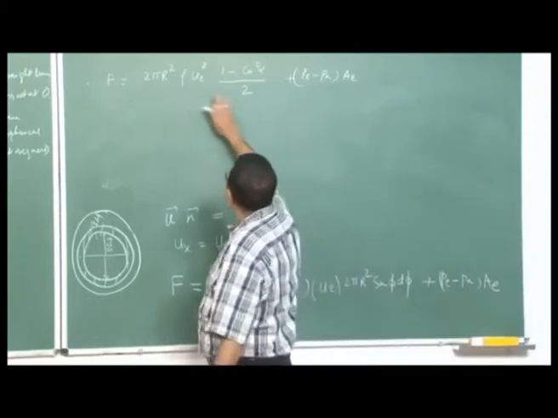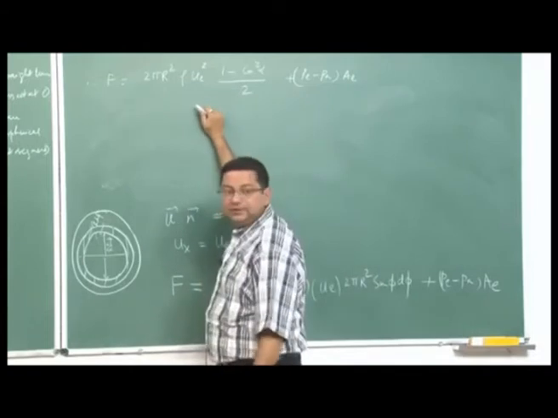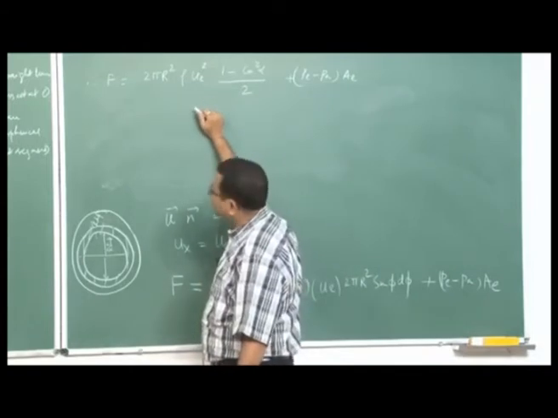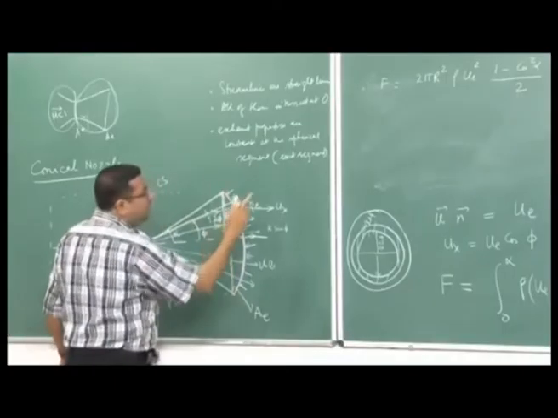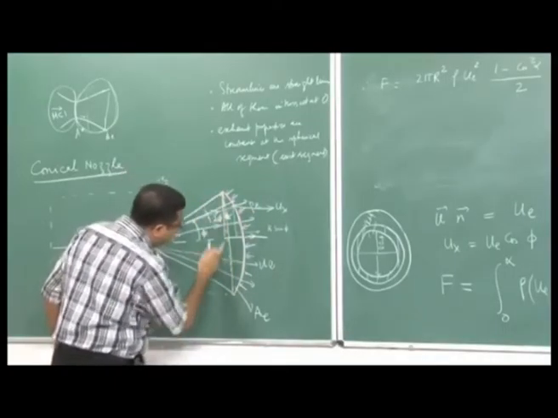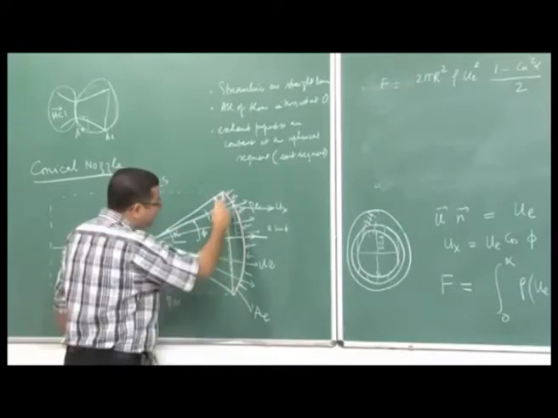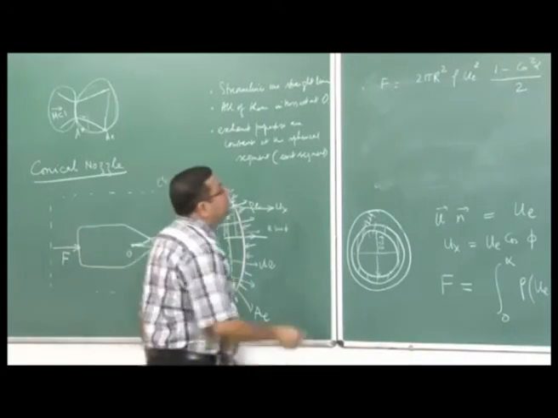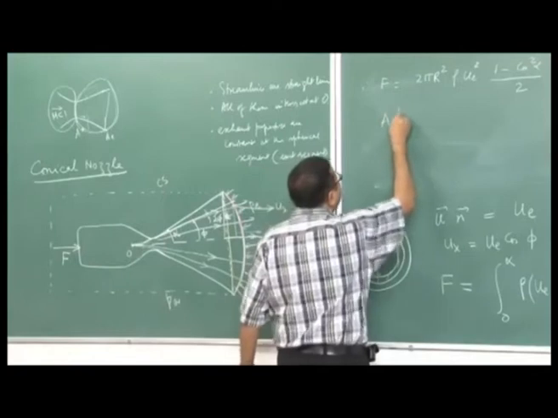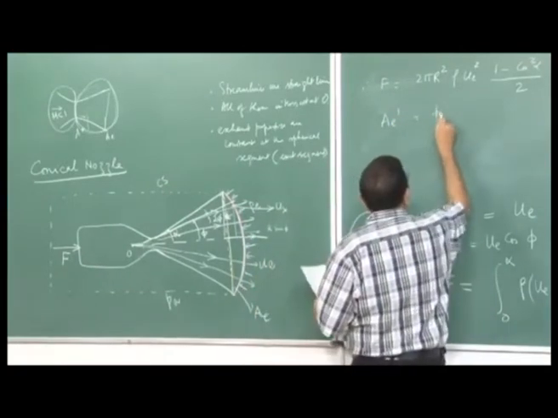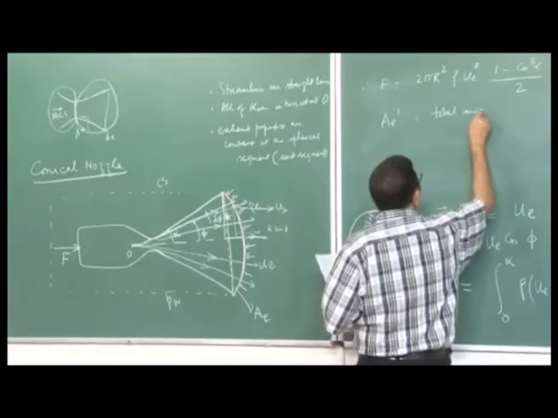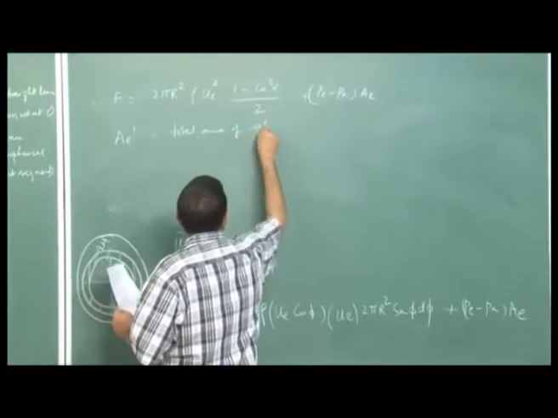Now, this is the expression for the thrust. Let us have a closer look. Here we have defined everything in terms of this area, the segmental area. Let us say A dash is the total area of the spherical segment.